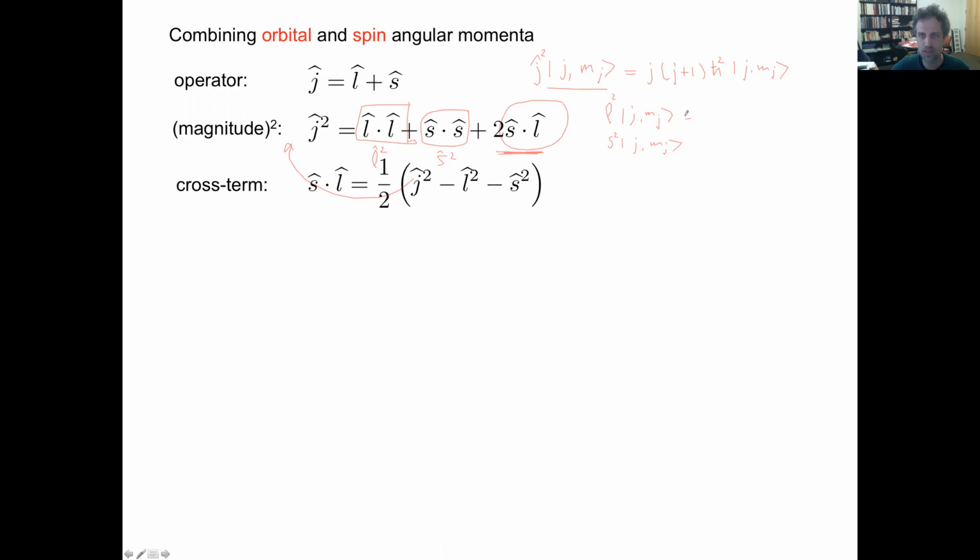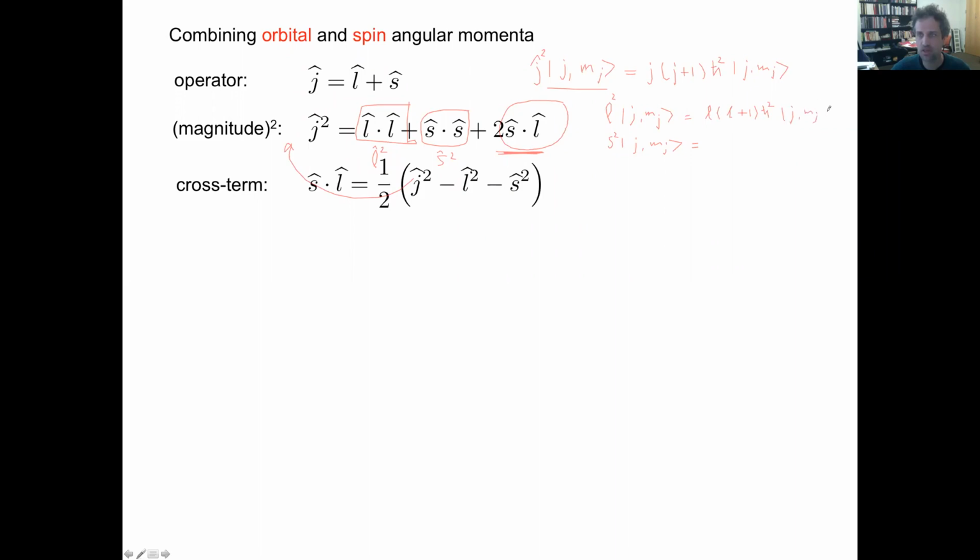I can know this because J is a sum of L and S. So if J, Mj is an eigenstate of the square, that means that it must also be an eigenstate of the square of L and S, because L and S are components of J. So I can write that this is L plus 1 h bar squared J, Mj.